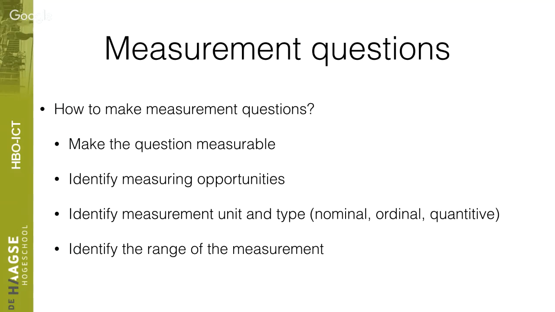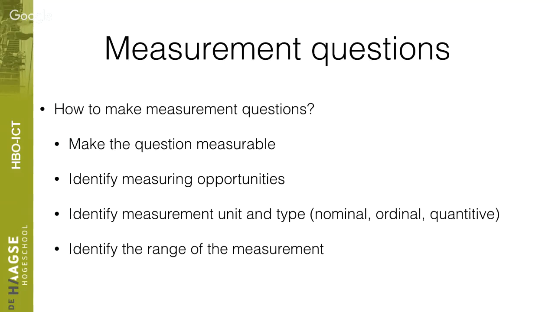Maybe your system is not really a website, but a piece of hardware, like an electric skateboard you use to go from one place to another. You need to measure how good the skateboard is. How can I measure this? Where exactly can I take measurements that will give me the answer to that question? In these cases, this is not very clear. So you have to identify measuring opportunities in the interaction between the user and the system that you're working on.